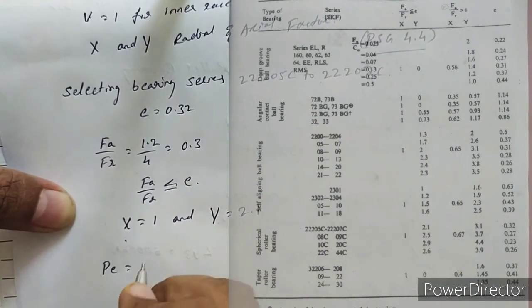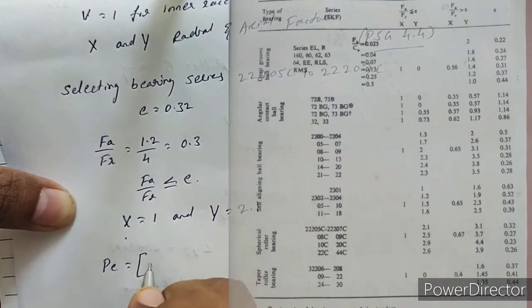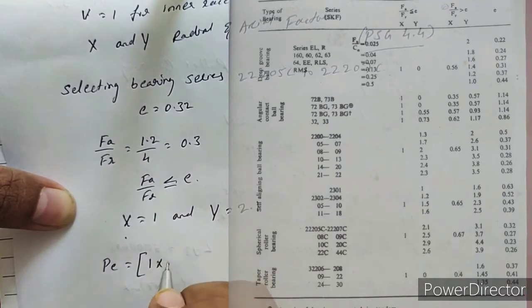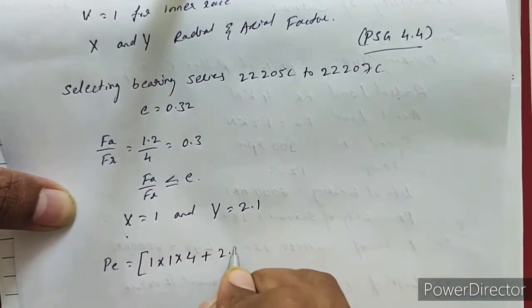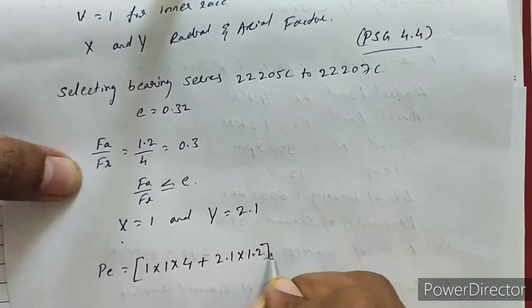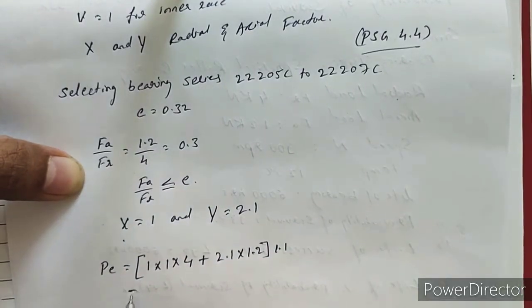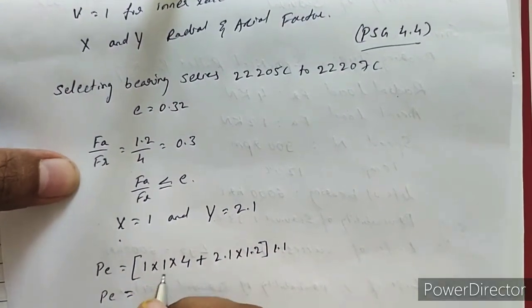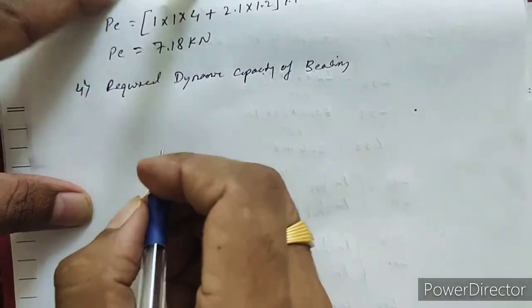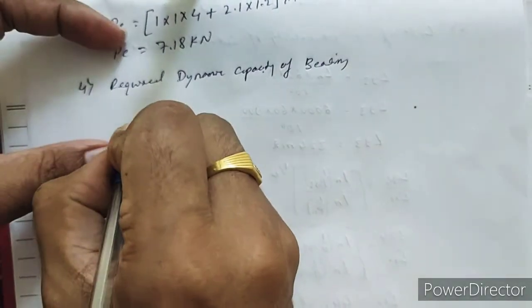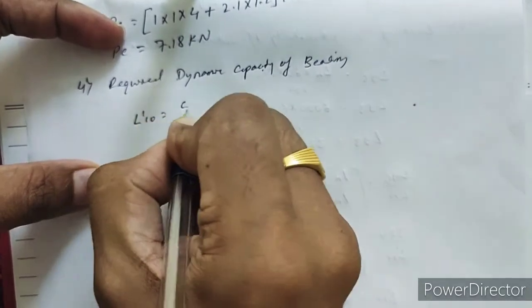We will substitute all the values in the equivalent load calculation. So 1 into 1 into 4 plus 2.1 into 1.2, into the service factor, for a spectrum of 50 we will take 1.1. PE is 7.18 kilonewton. Then we will calculate the required dynamic capacity of the bearing. For that, L10 equals (C by P) raised to k.